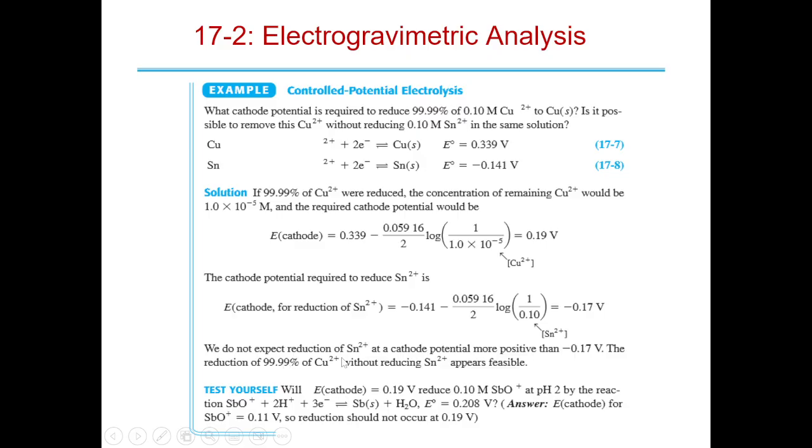The reduction for the copper is more positive than that, right? And so we would not expect the tin to reduce until well after we've reduced 99.99% of the copper, okay? I.e., yes, we can do this. We can plate out the copper without getting the tin, right?